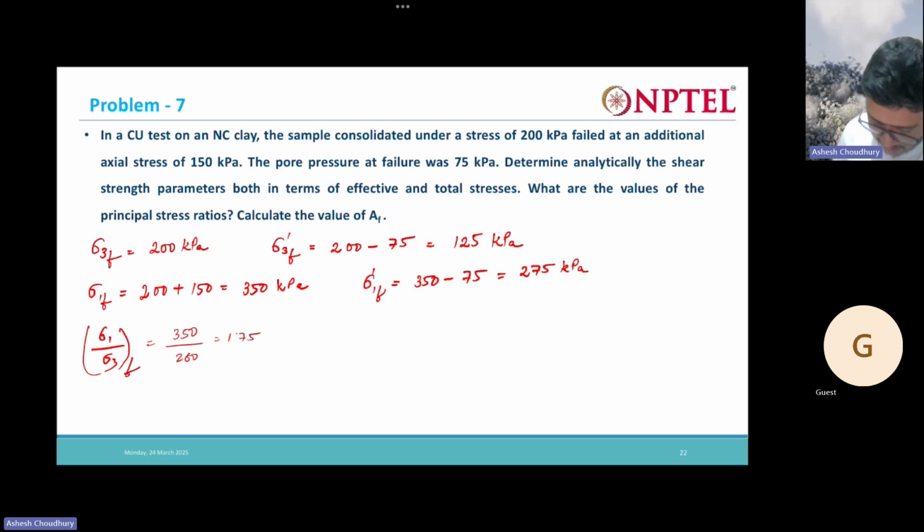That is 1.75, and similarly I can find the effective values also. From here we can get C and phi, and from here C prime and phi prime.